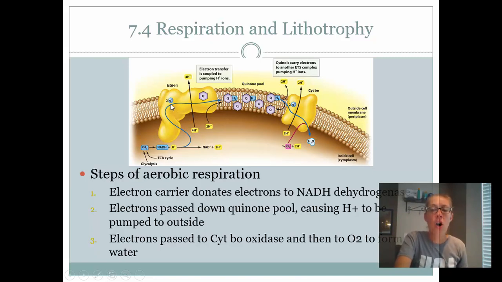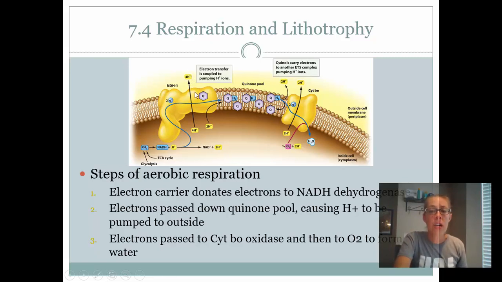This particular protein here is called NADH dehydrogenase. So it is an enzyme, essentially. It's going to accept those electrons, and in doing so, it is going to obtain energy that it will use to pump hydrogen ions from the interior of the cell on up to the exterior.